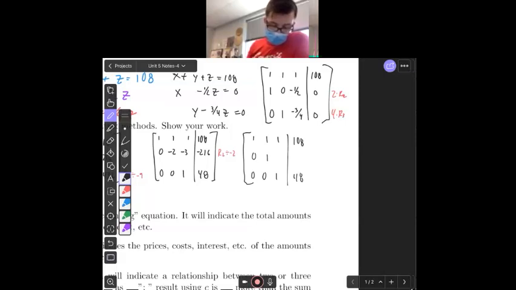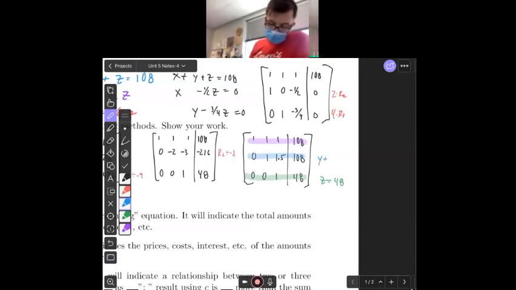So 3 divided by 2 is 1.5. 216 divided by 2 would be 108. So remember, each of those rows represents an equation. So that's z equals 48.